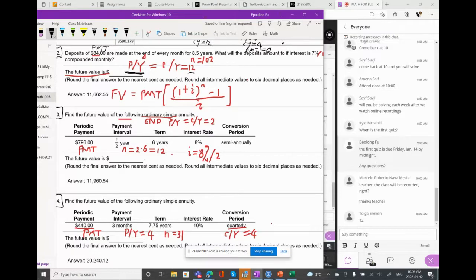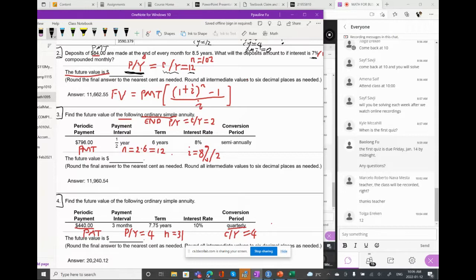Okay, now the interest is 7% compounded monthly. Compounded monthly, we use CY to represent interest conversion periods per year. Every year, you have to convert the interest 12 times. Why?